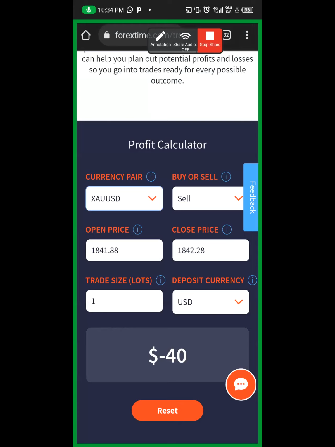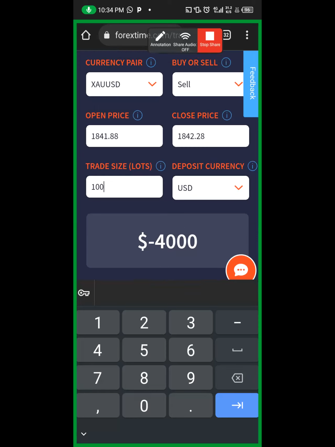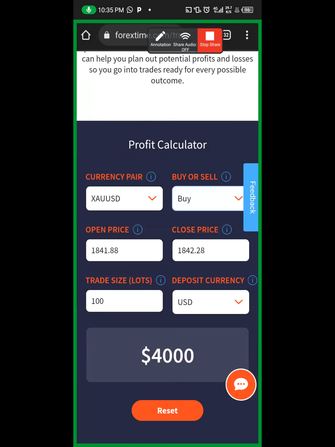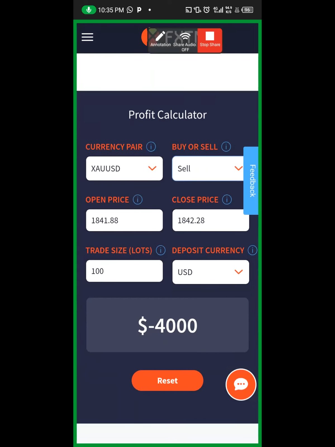Close price. Let me see buy. Sell is always showing minus anyway, but that minus doesn't mean minus. So that is like 0.3 times.